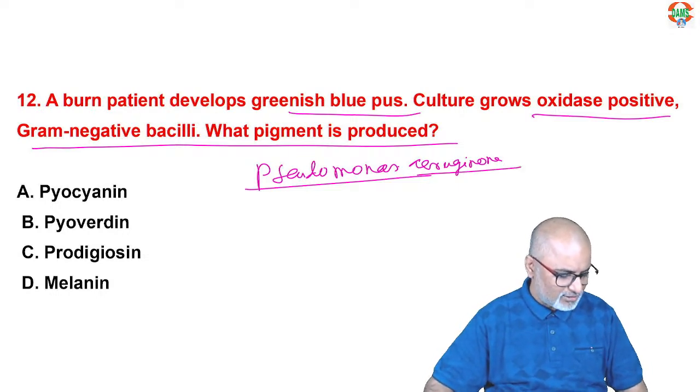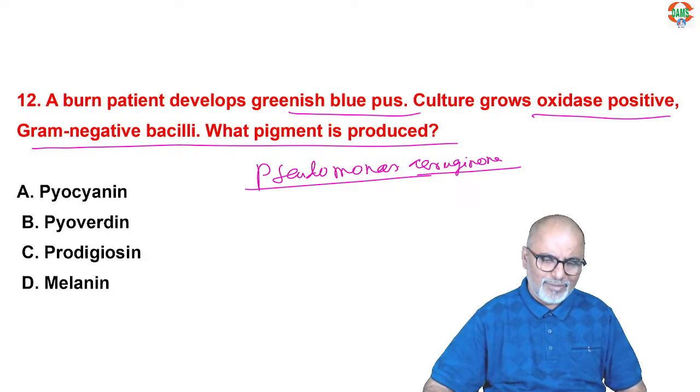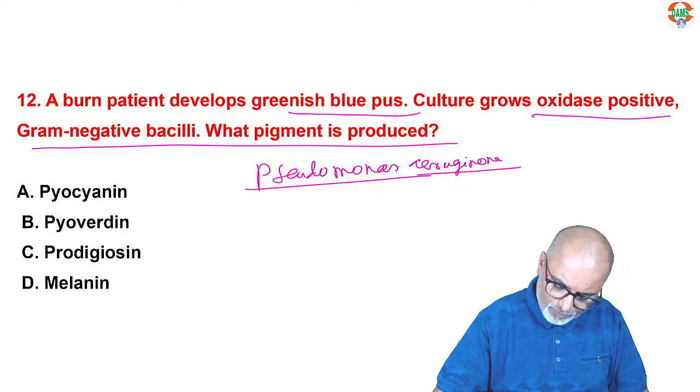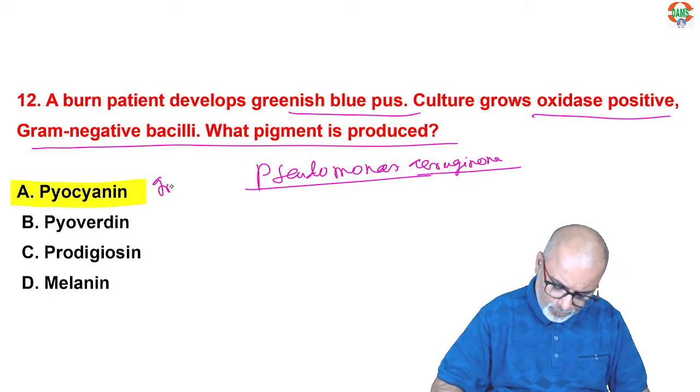Pseudomonas aeruginosa produces many pigments. Pyocyanin, bluish green. Pyoverdin, yellow pigment.